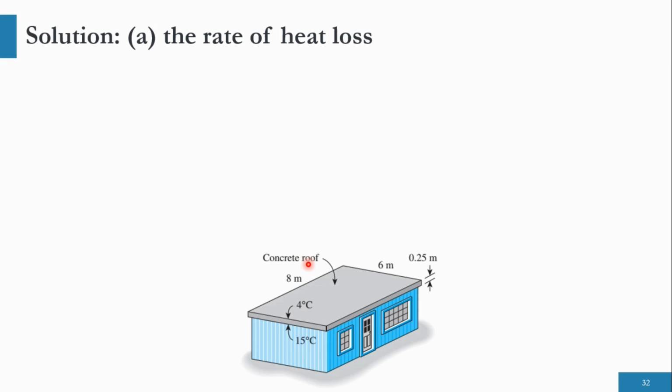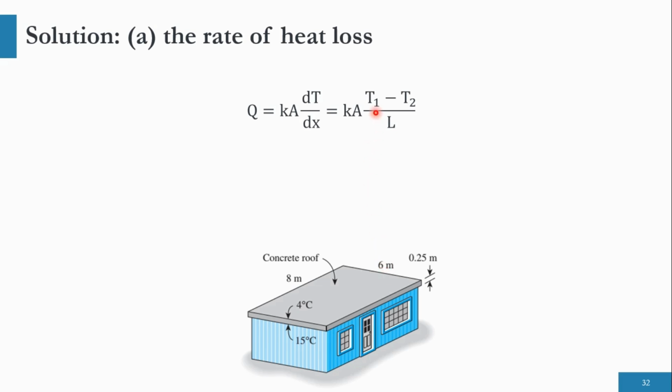So the first thing is to calculate the rate of heat loss. We know the equation Q is equal to kA dT over dx, where dT is equal to T1 minus T2, and dx is L, which is the thickness. We know the value of k, which is 0.8 watt per meter Kelvin. We know the area by multiplying this 8 with 6, the length with the width.